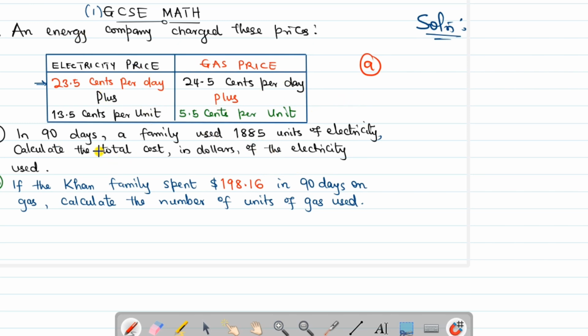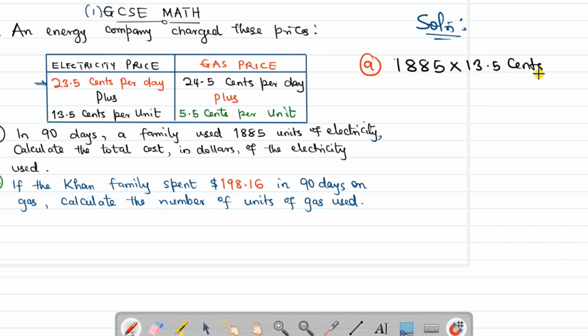So how are we going to go about A? First of all, the number of units they used is 1,885. If you multiply it by the amount per unit, that is 13.5 cents, this gives you the total amount they paid for units. However, that's not all they are going to pay.